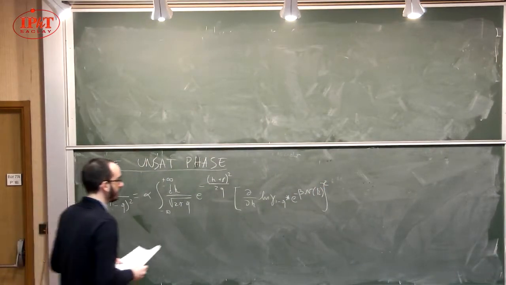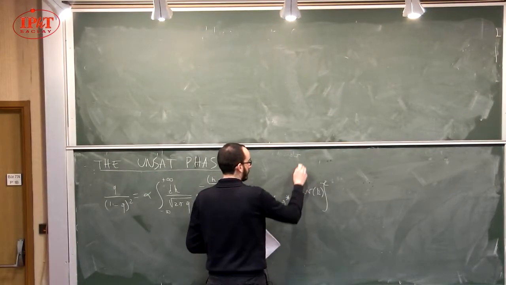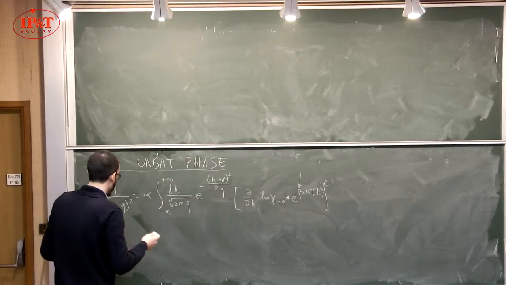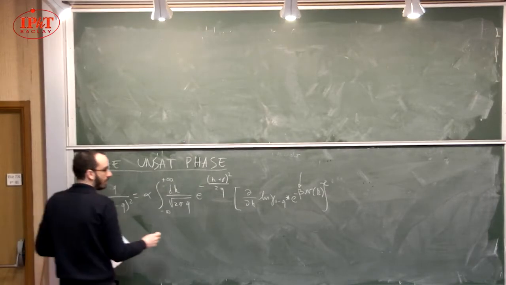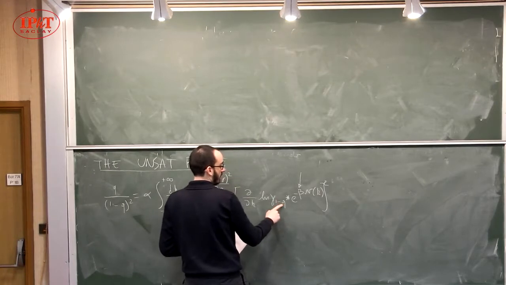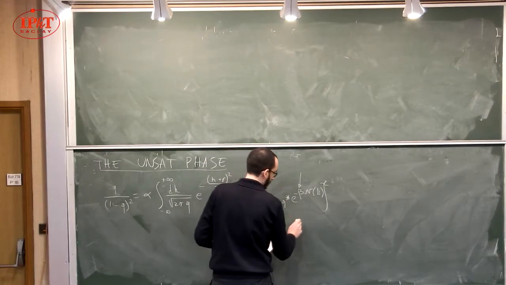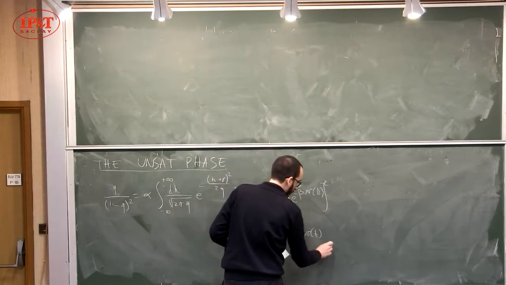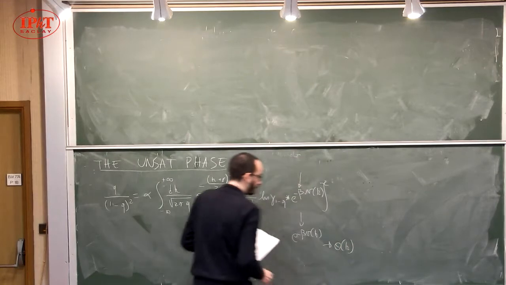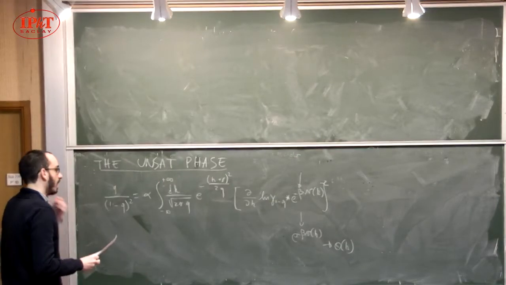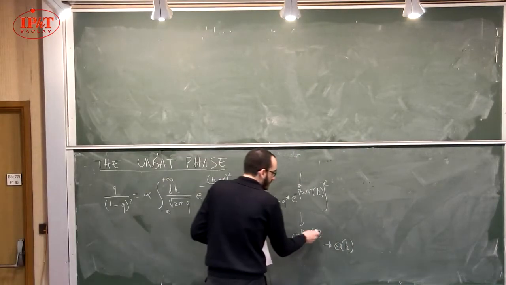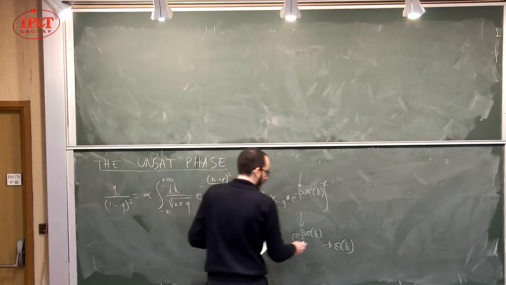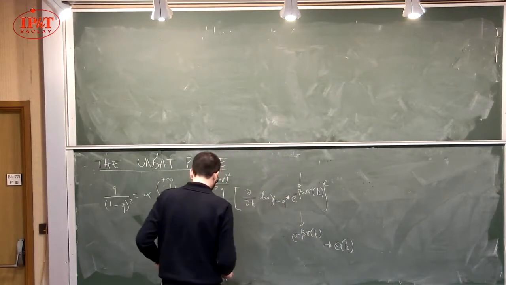Okay, and this of course depends on the temperature, right? Because you have beta here. And so what we did last time in the SAT phase was to assume that q was smaller than 1, and then we said, okay, this term just goes to a theta function of H. Now we are in the SAT phase, so there is no possibility to have unsatisfied constraints.